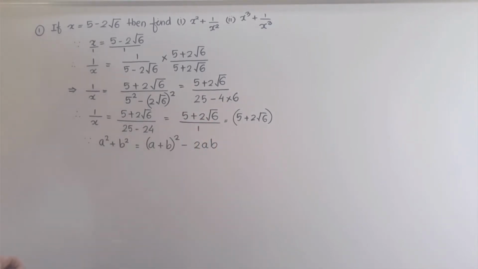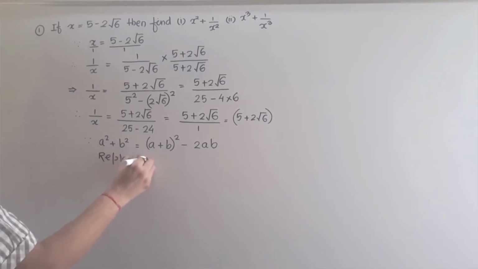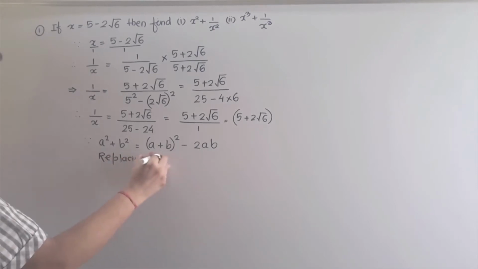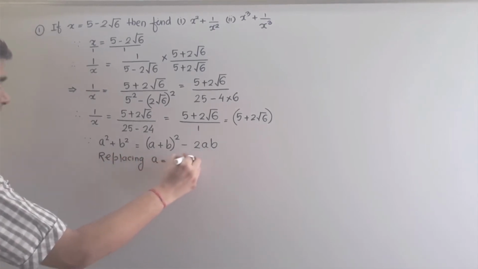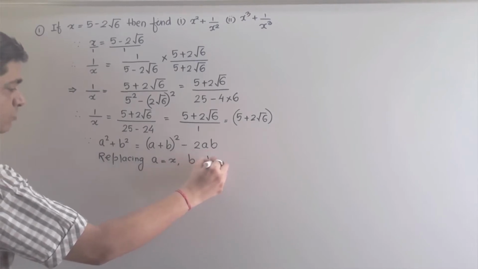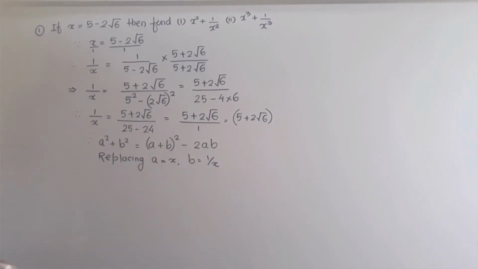Now I am replacing in this formula the value of a as x and b as 1 upon x. The value of a I am keeping as x and b I am keeping as 1 upon x. So let us replace the value. This will become x square.